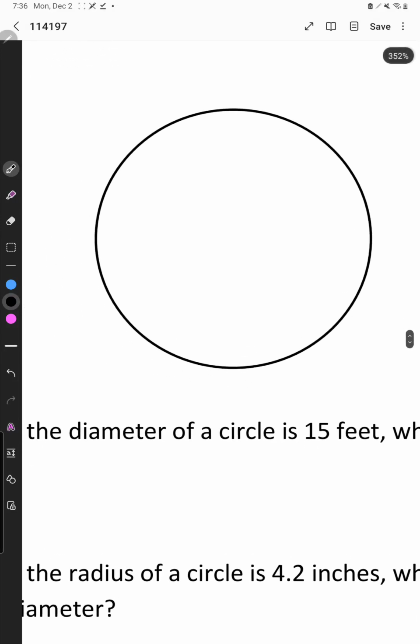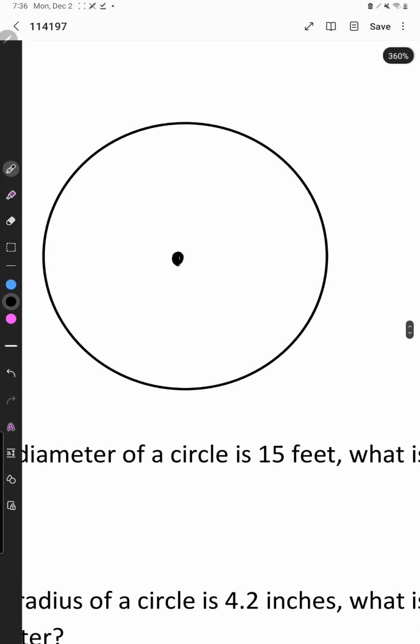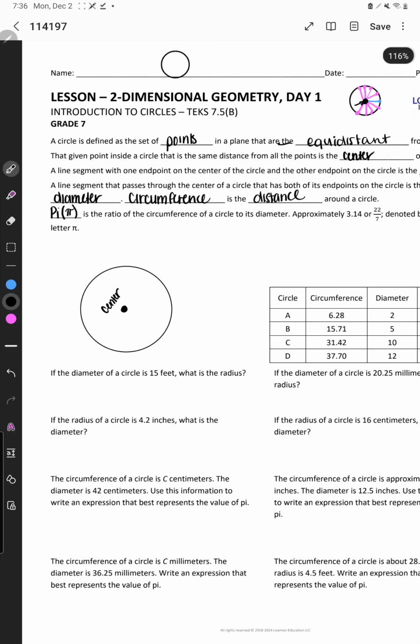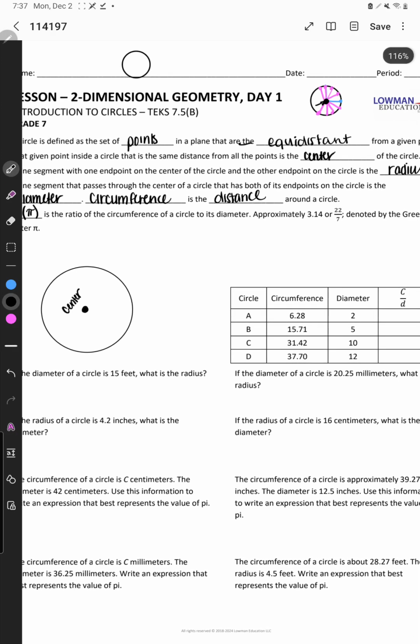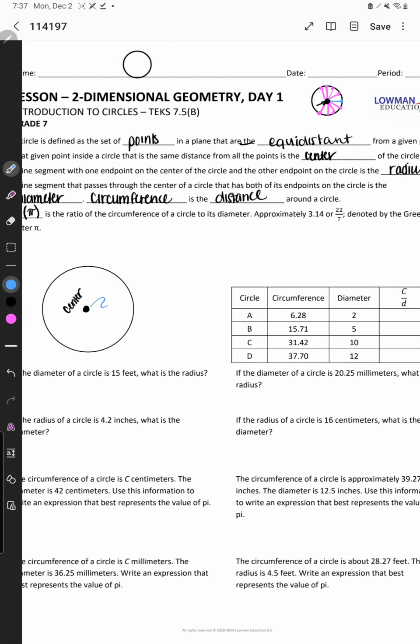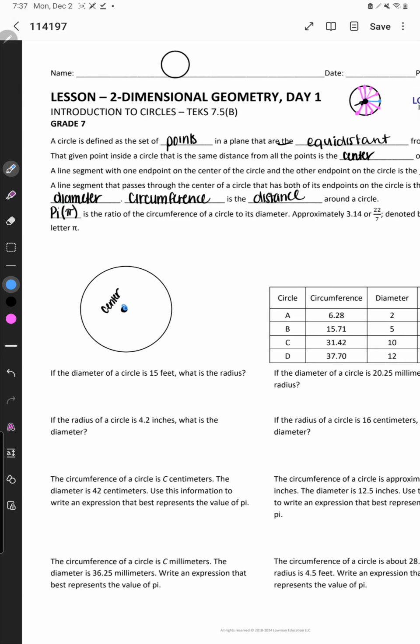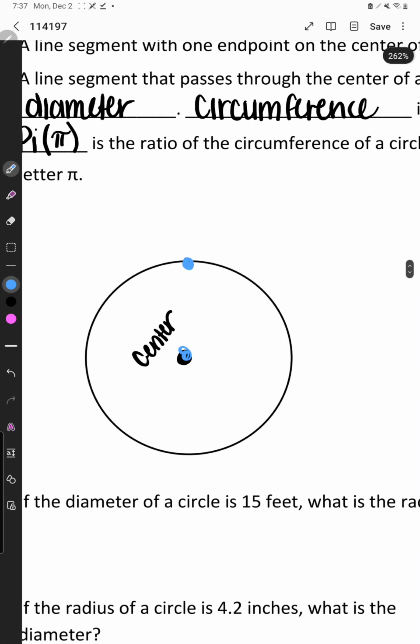Okay, so the first thing you need to know is that a circle has a center. Now, the first definition that it gives us is that a line segment with one endpoint on the center, so that means right here, and another endpoint on the circle, so that means right here, is the radius. So this is radius.